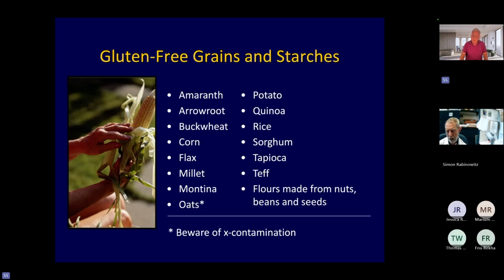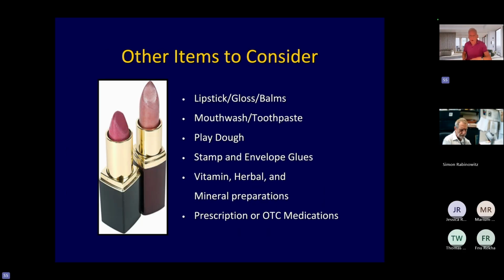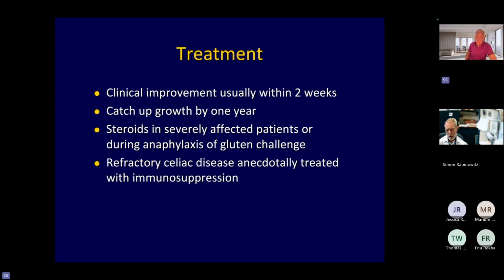And we have to beware of cross-contamination in those situations, particularly oats, which are commonly processed in grain processing plants that produce other cereal grains. So you have to watch out for that. And then a whole variety of products that one has to consider.